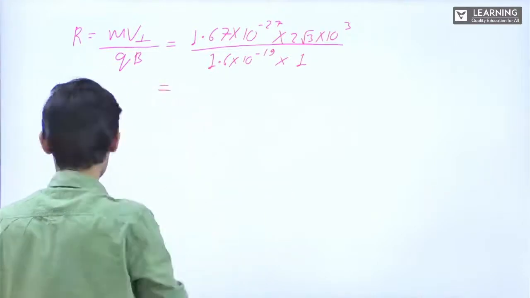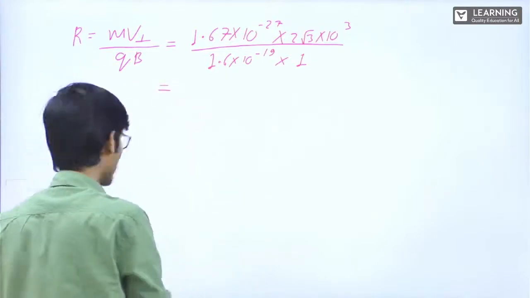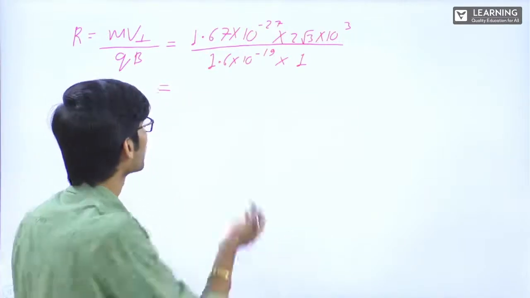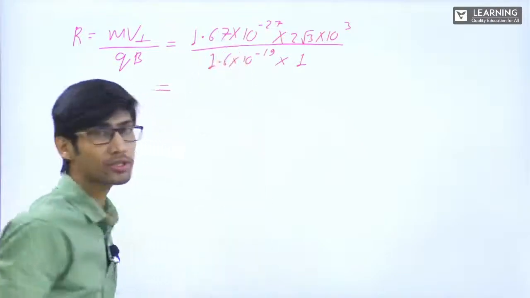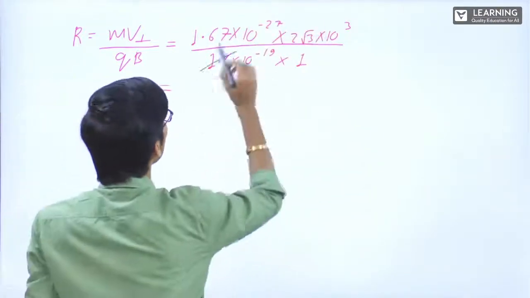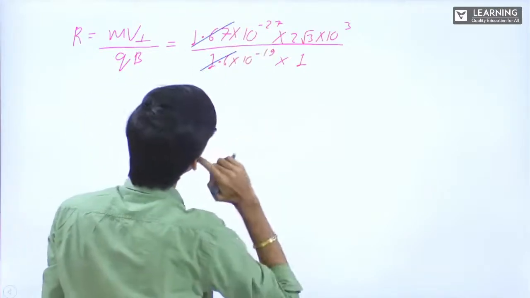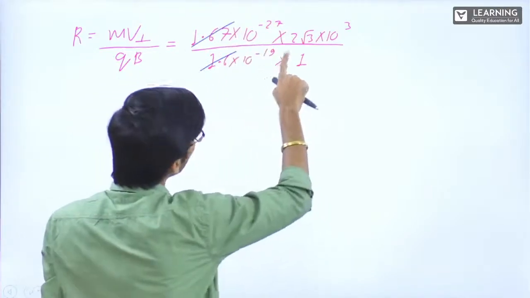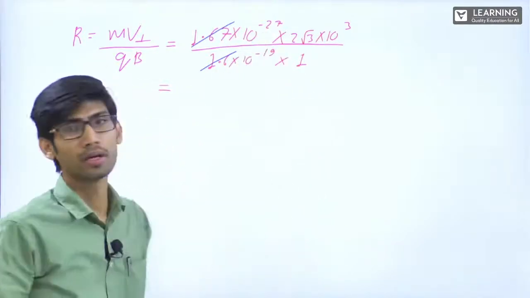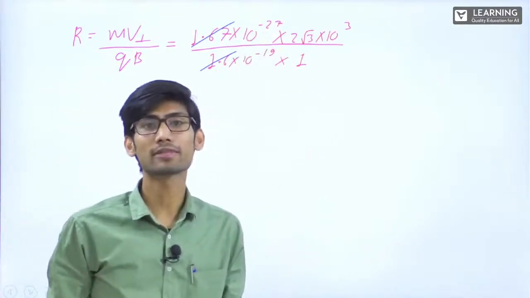Everything is in SI unit. What will be the answer? I am going to find the approximate answer. You can find the exact answer by using a calculator. This 1.6 and this 1.67 I am going to cancel because they are nearly equal. Then 10 power minus 19 going up becomes 10 power 19 plus 3, 10 power 22. 10 power minus 27 into 10 power 22 is 10 power minus 5.